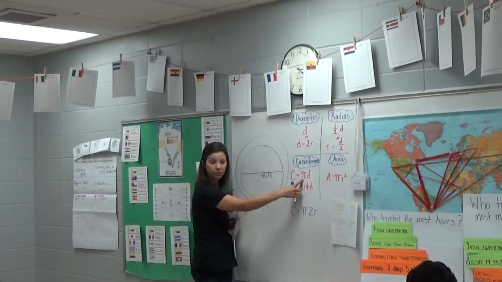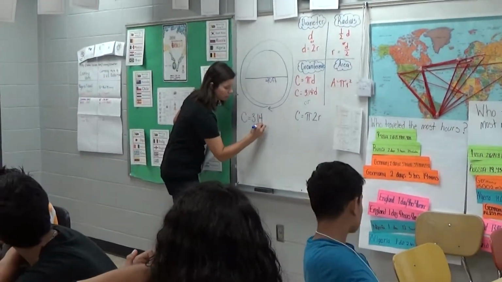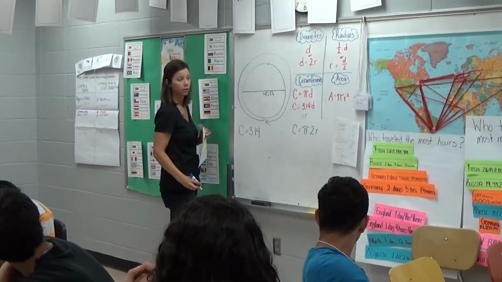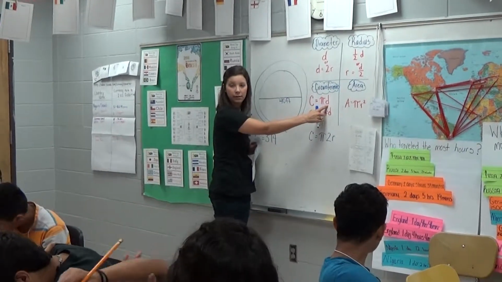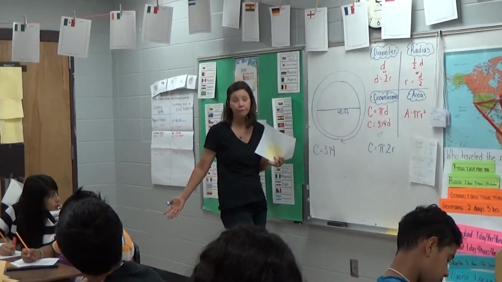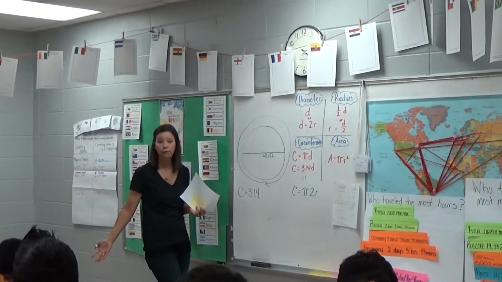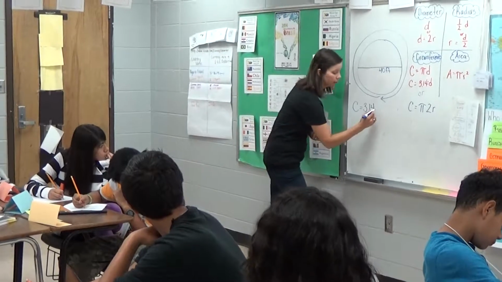What number is pi? 3.14. And then we're going to multiply that by the diameter. What is the diameter again? 40 feet. Someone measured it for us already, so we're going to multiply that.